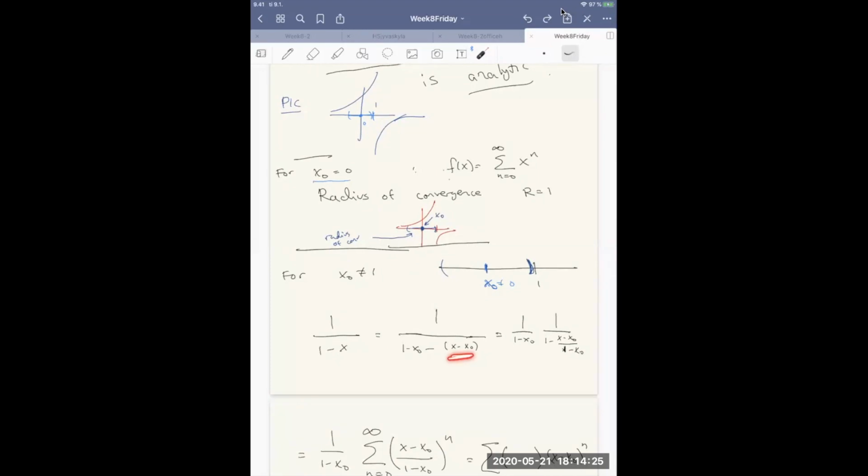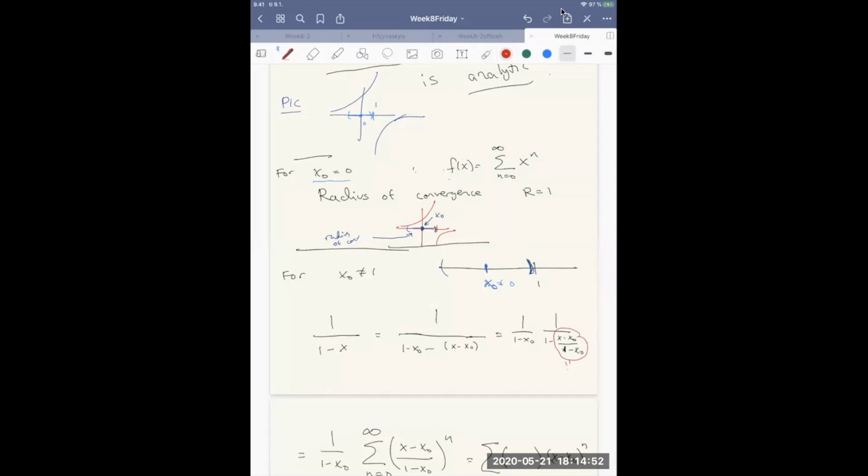Now we have a thing like x0, but we want to get it a little bit cleaner so we can still use the geometric sum formula that we know. So we'll divide the denominator by 1 minus x0, pulling that factor out. And this then leads to 1 minus something given by a fraction of two things.